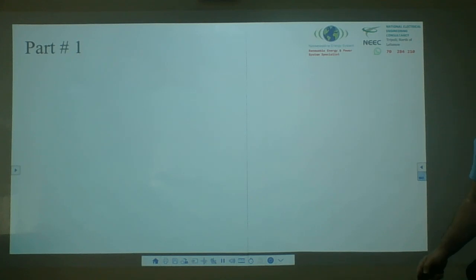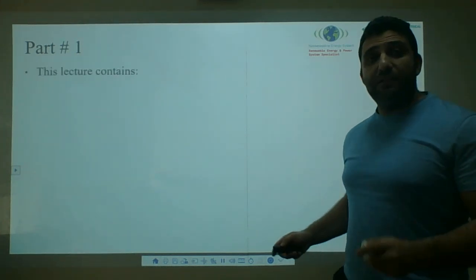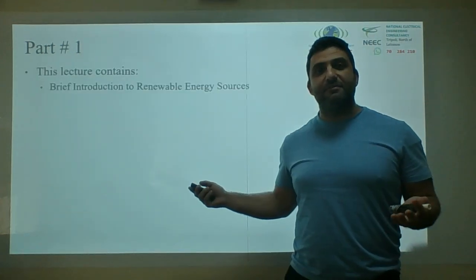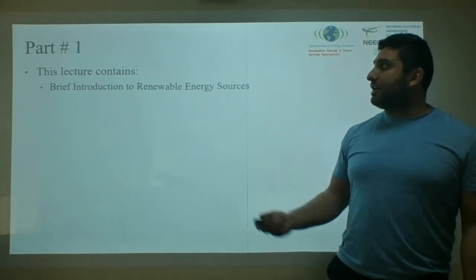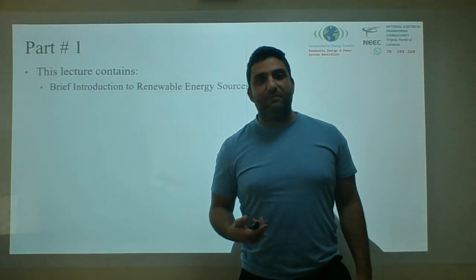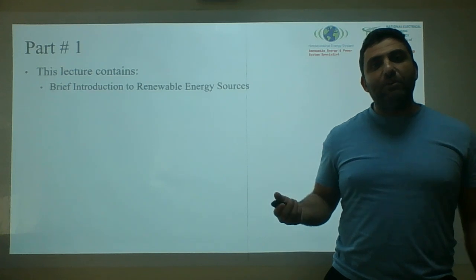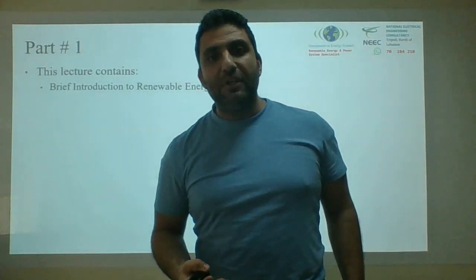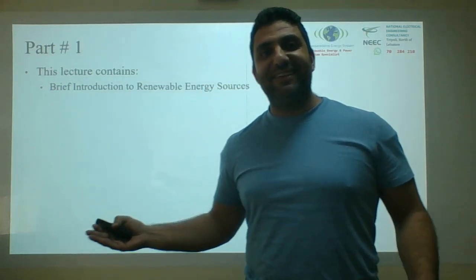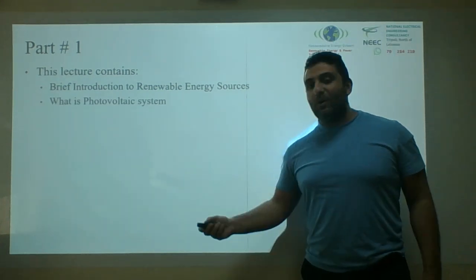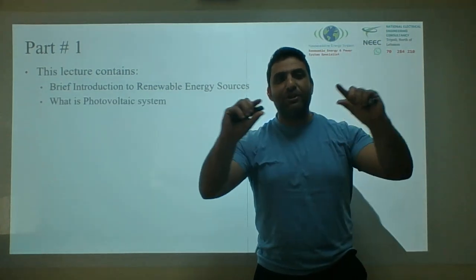Today, we are going to start part 1. This lecture contains a brief introduction to renewable energy sources. What are the available renewable energy sources that we can use? What's a photovoltaic system? A quick introduction.